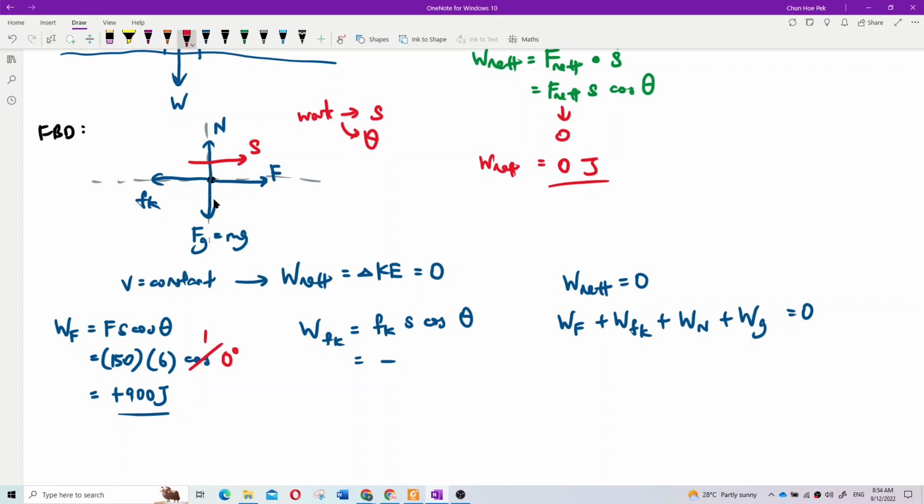Work done by normal and gravity is 0, isn't it? You understand why 0, class?